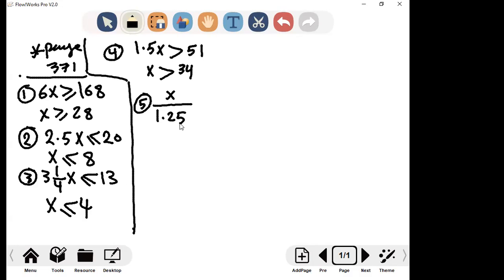Yesterday we talked about the division part, right? x divided by 1.25 more than or equal 24. If you solve it, x will be more than or equal 8. Sorry, 196. This is question what?